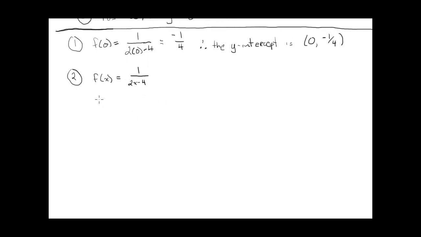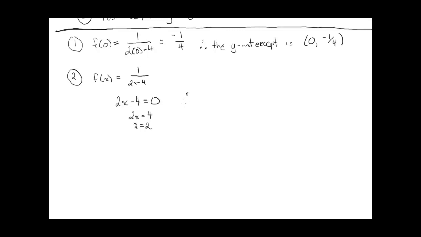But what we do want to find is the vertical asymptote. The vertical asymptote will happen wherever this function is undefined. So all we need to do is take the denominator, in this case the linear function 2x minus 4, and set it equal to 0. We get 2x equals 4, so x equals 2.